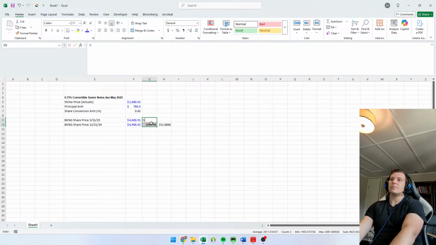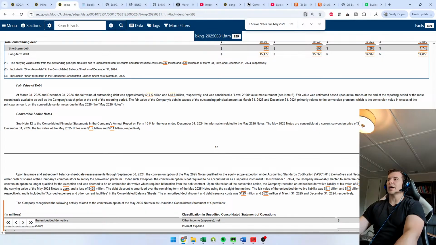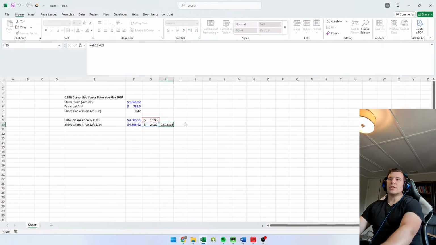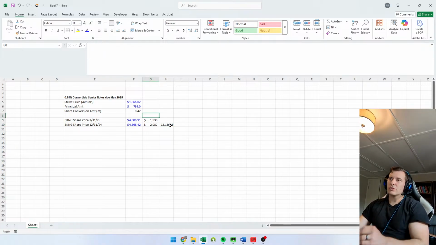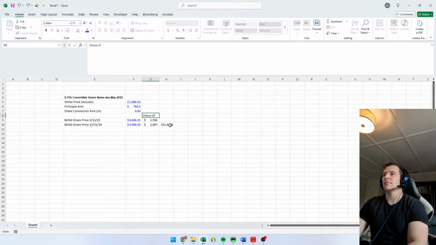We might have to squint because I don't know that it'll round for you. But you can see this is 2.1 and this is 1.9, and that's what they tell us. The difference between those is 151.88. So we could probably label this a little bit, Booking share price, and then this is the price of stock.